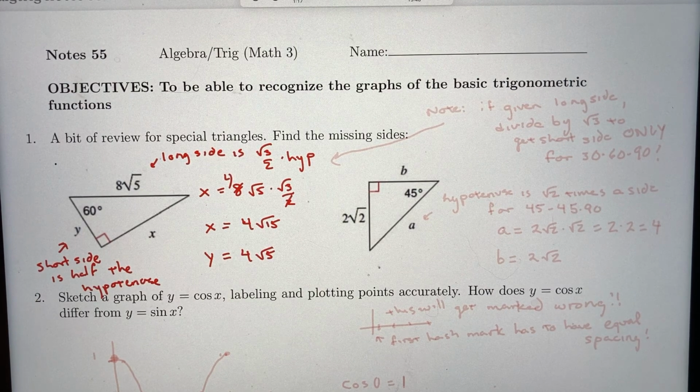Okay. So, 2 other notes. If you're given the long side, divide by root 3 to get the short side.